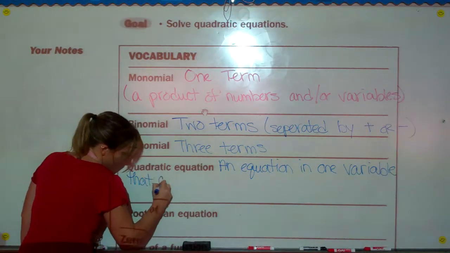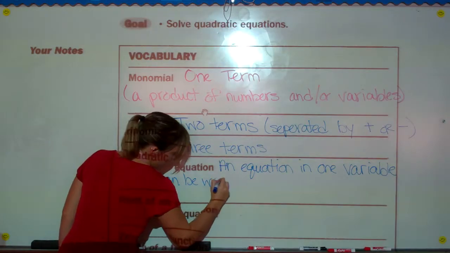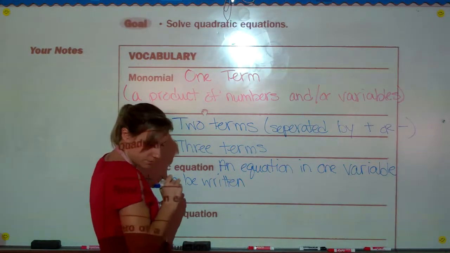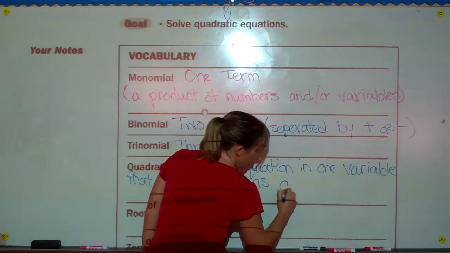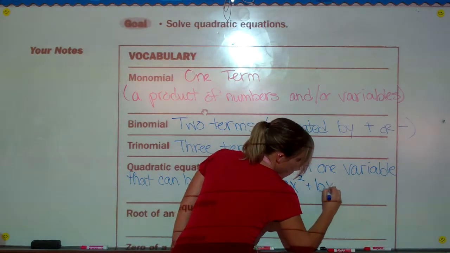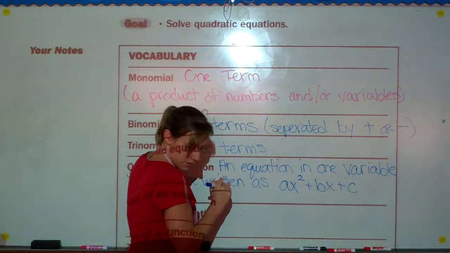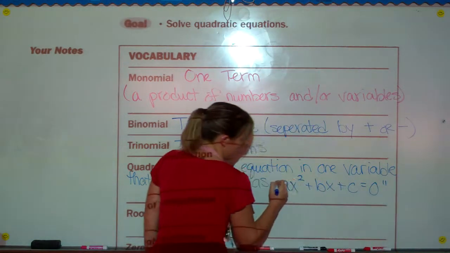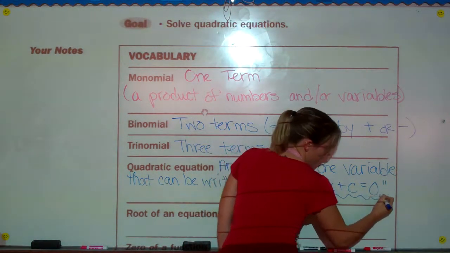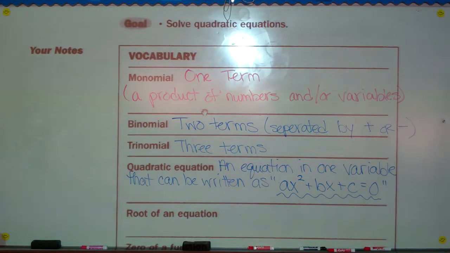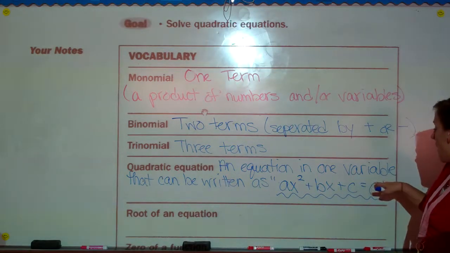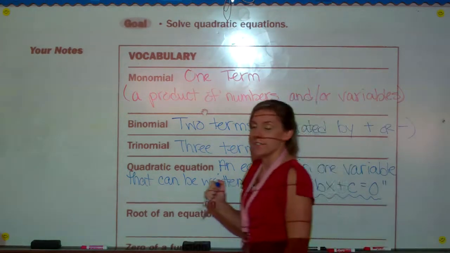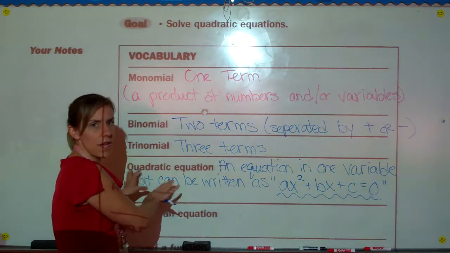That can be written as ax squared plus bx plus c equals 0. Okay? So this is a quadratic equation. It's got an x squared, it's got an x, and then it equals 0, and that's what we're going to be practicing a lot when we solve these things in a few lessons, okay?